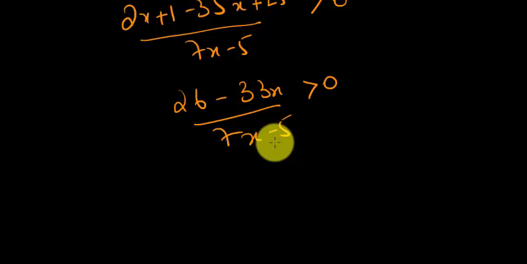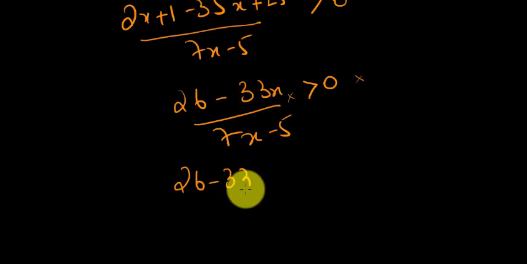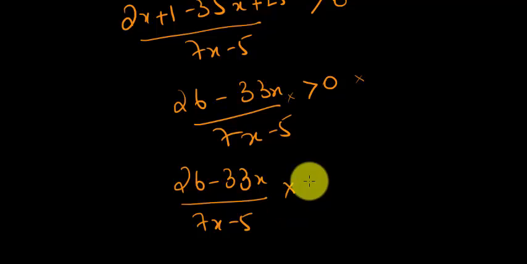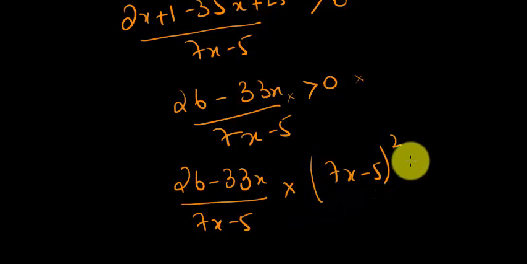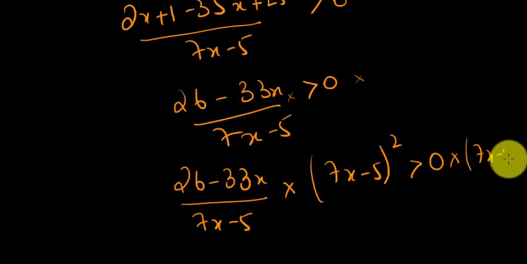But what I can certainly do is to multiply both sides by a positive number. That will not change the inequality. It will remain the same. Multiplication by a negative changes it. So what is the positive number that I'm going to be multiplying either side with? (7x - 5) whole square.